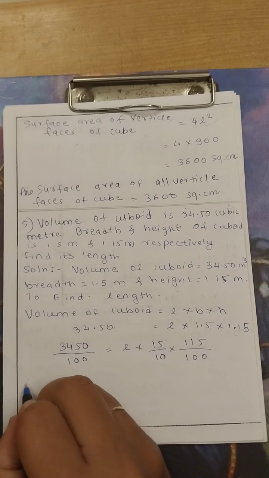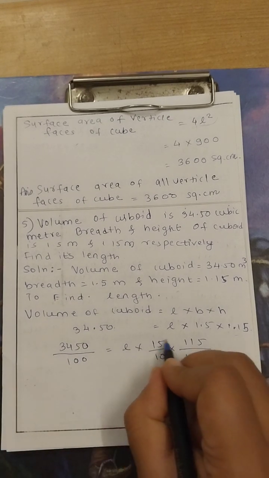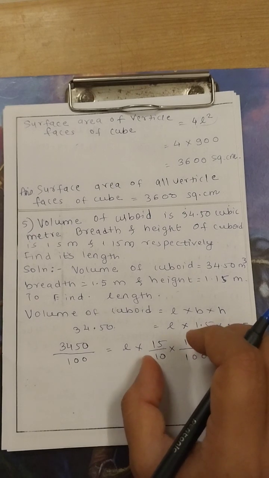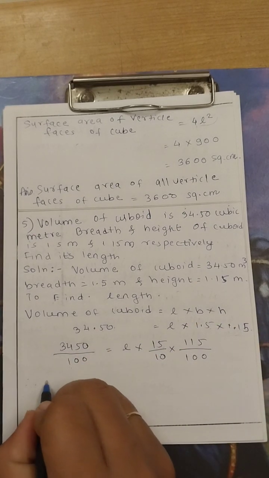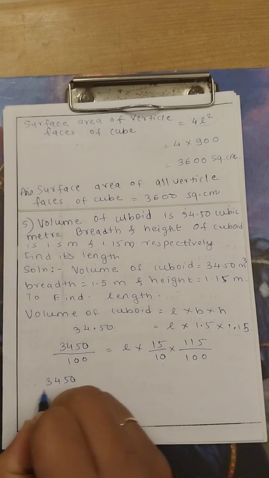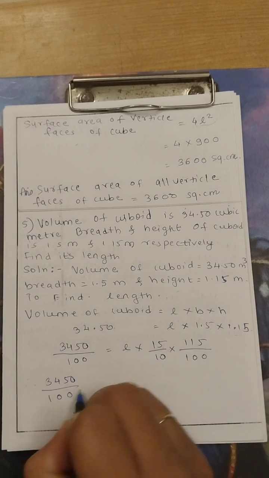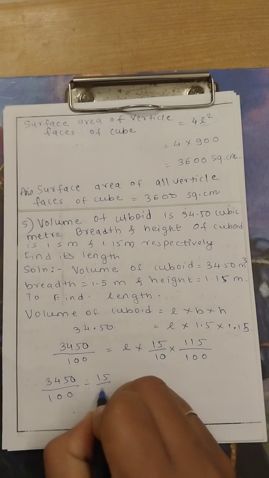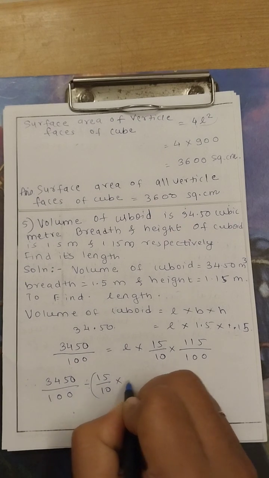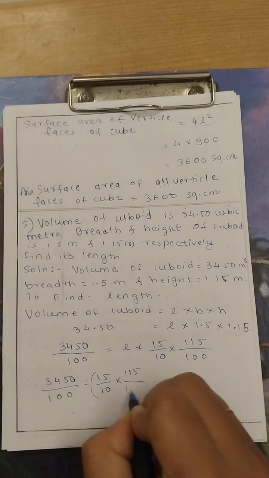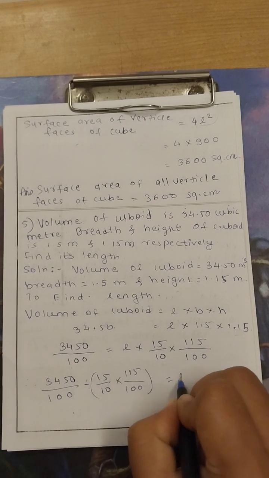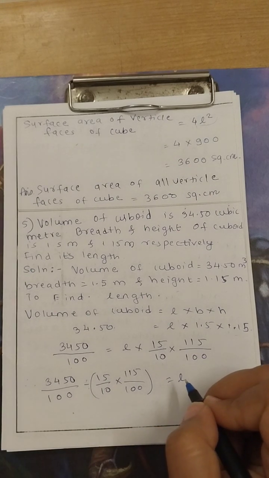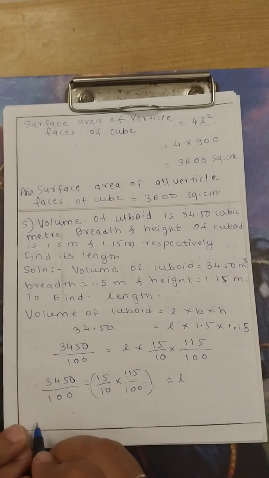Okay. Therefore, bring these two to the other side of the equal to sign, divided by 15 upon 10 into 115 upon 100 is equal to L. So division cannot take place while solving the fraction.